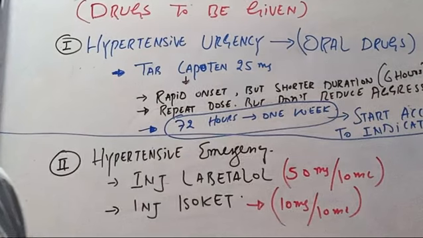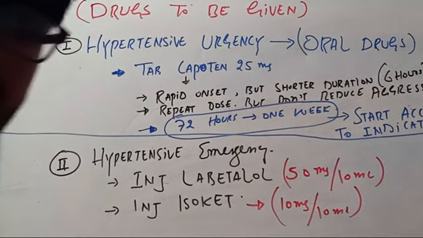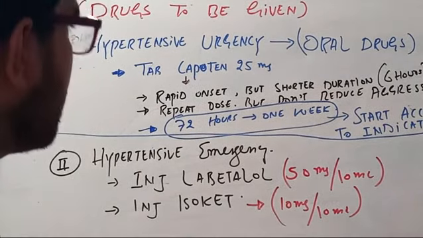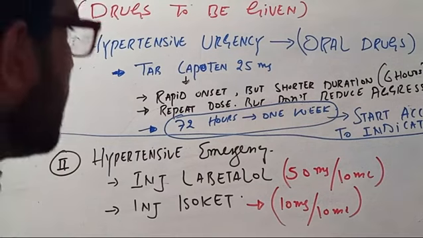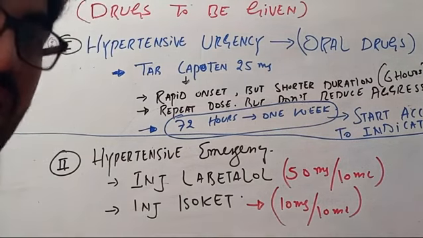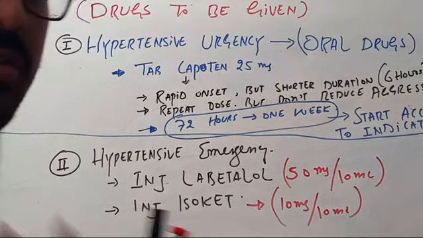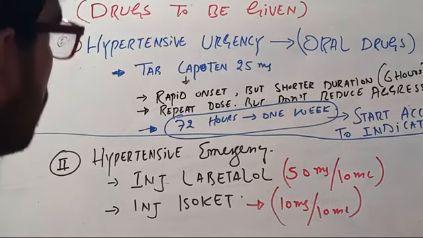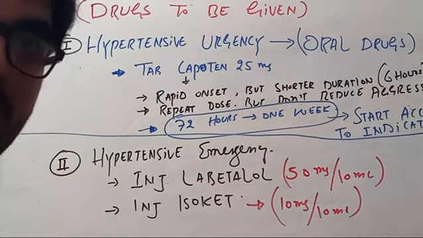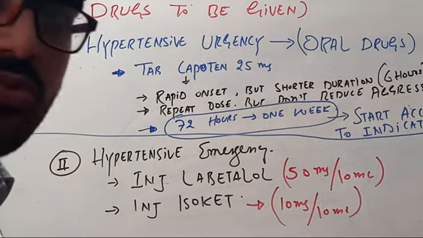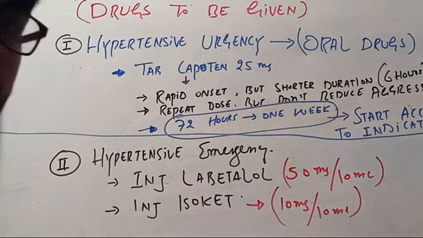and then give the tablet according to the indication. For example, if a person is diabetic, you give ACE inhibitors or ARBs. If a person is a diagnosed case of COPD or asthma, you avoid the beta blockers and go for the calcium channel blockers. If a person has heart block, you should avoid the calcium channel blockers and beta blockers.